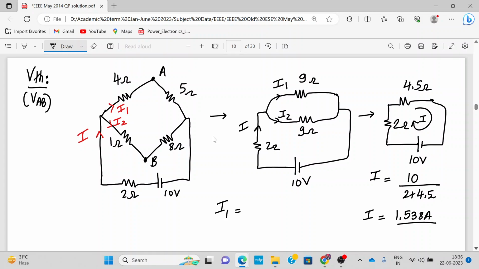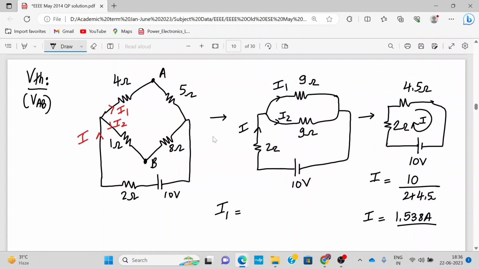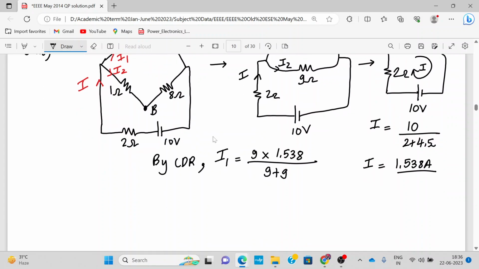Now from here, can you calculate I1 and I2? Yes. How much is I1 by current division rule? 9, the other resistance, into the current I, 1.538, divided by total 9 plus 9. Don't you think I2 also will be same?